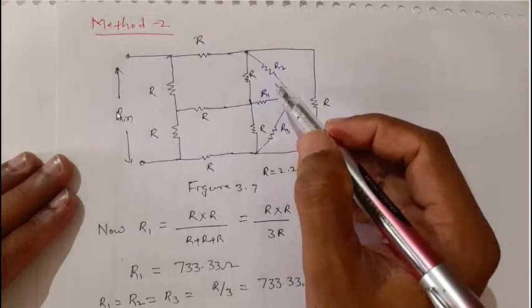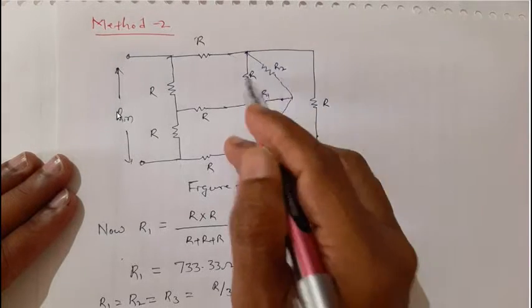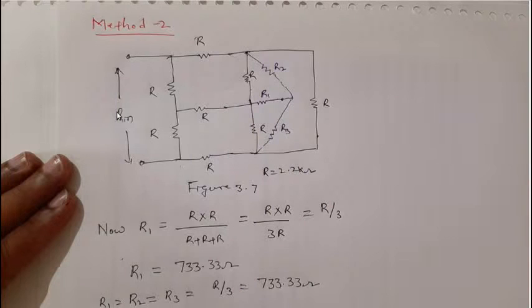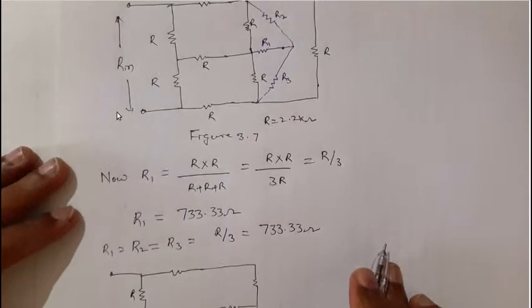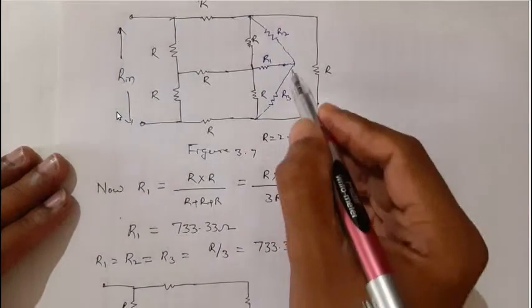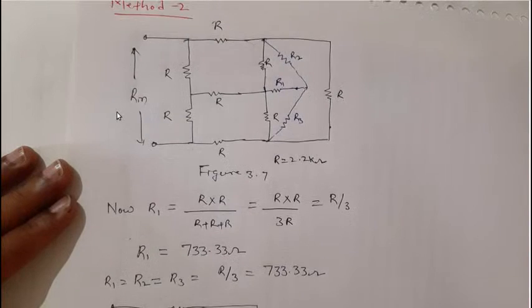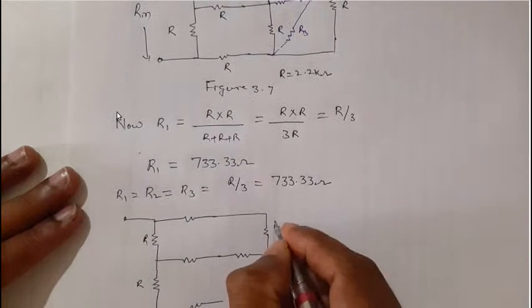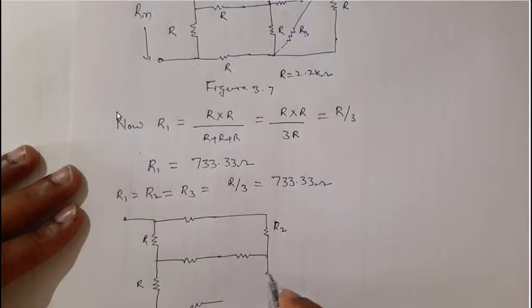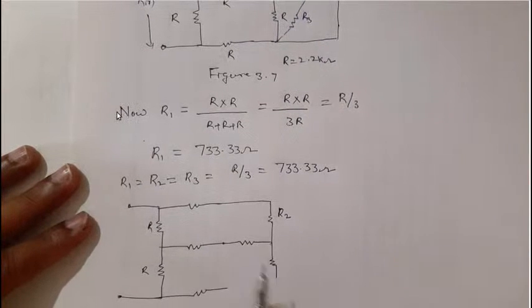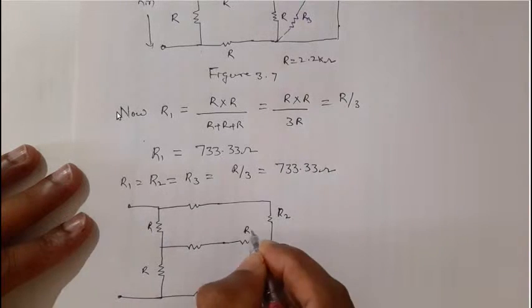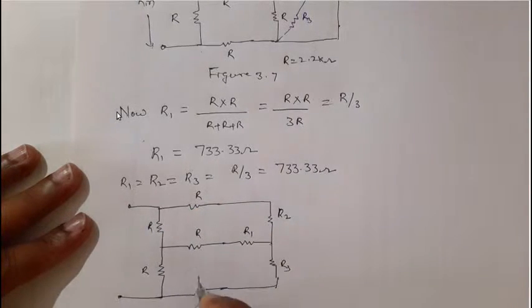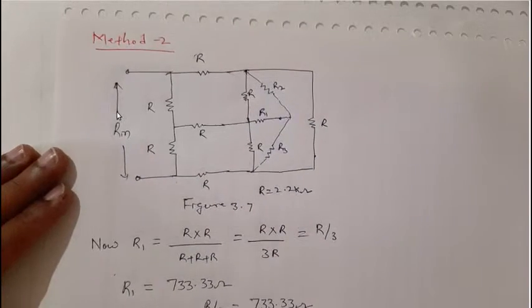And this resistance will not be there. I will draw it like this. This resistance is R3, this is R2, and this is R1, this is R. Hope this is clear.